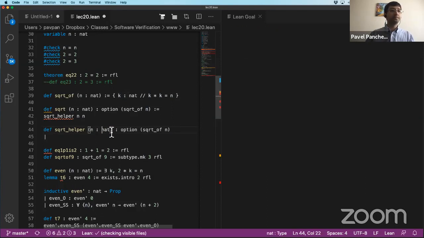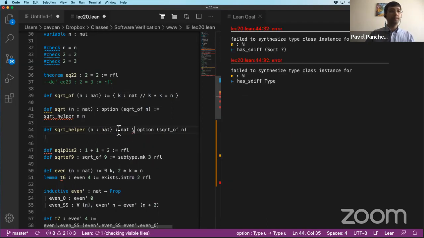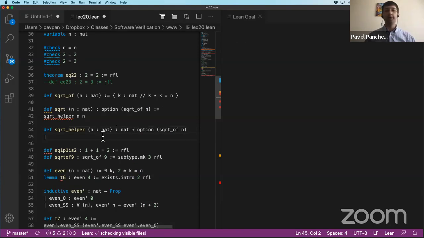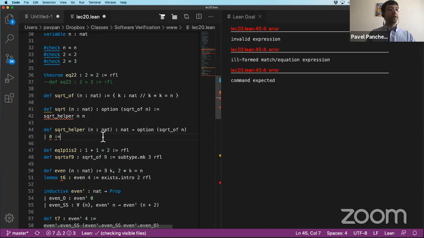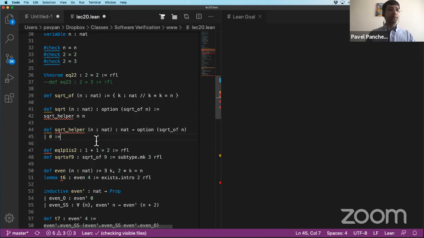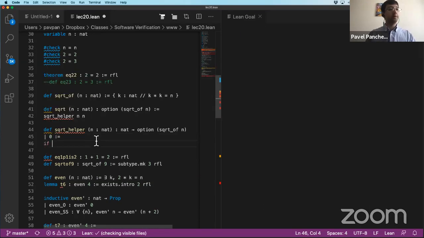Well, I'll do it again by cases, and think about this argument as the number we're taking a square root of, and this argument as the number we are testing as a possible square root. So here we start with 0, and we can ask if n is equal to 0.